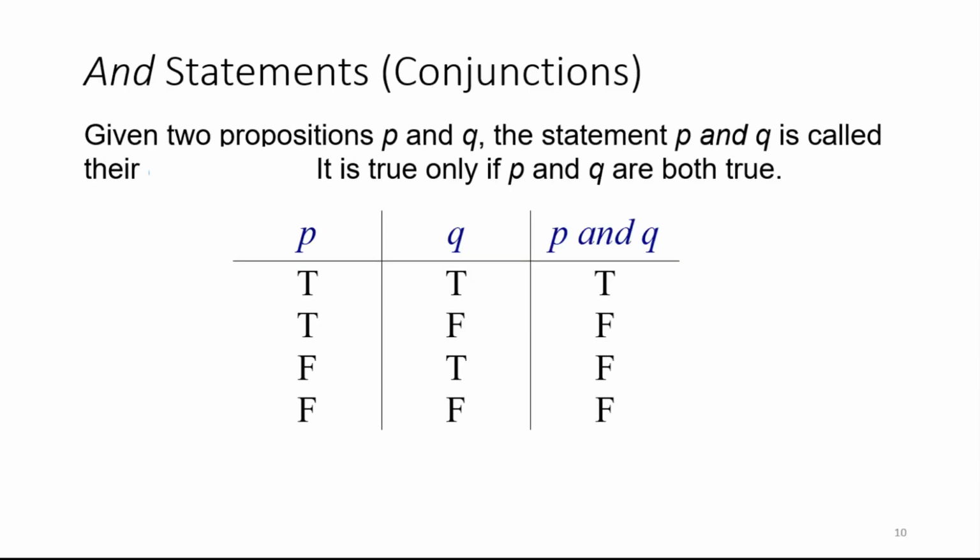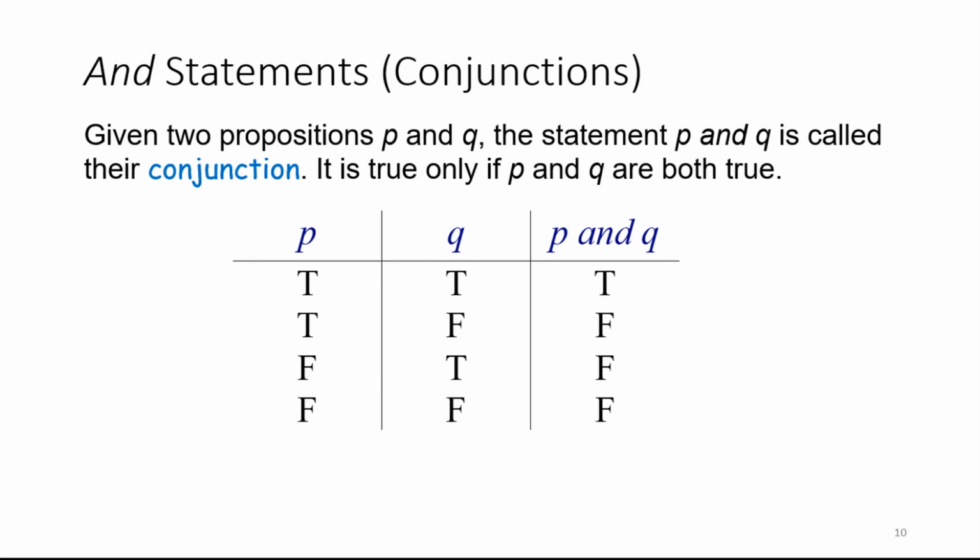The and statements, or conjunctions. Given two propositions P and Q, the statement P and Q is called their conjunction. It is true only if P and Q are both true. Let's look at the truth table definition. We have a table with 3 columns and 5 rows.